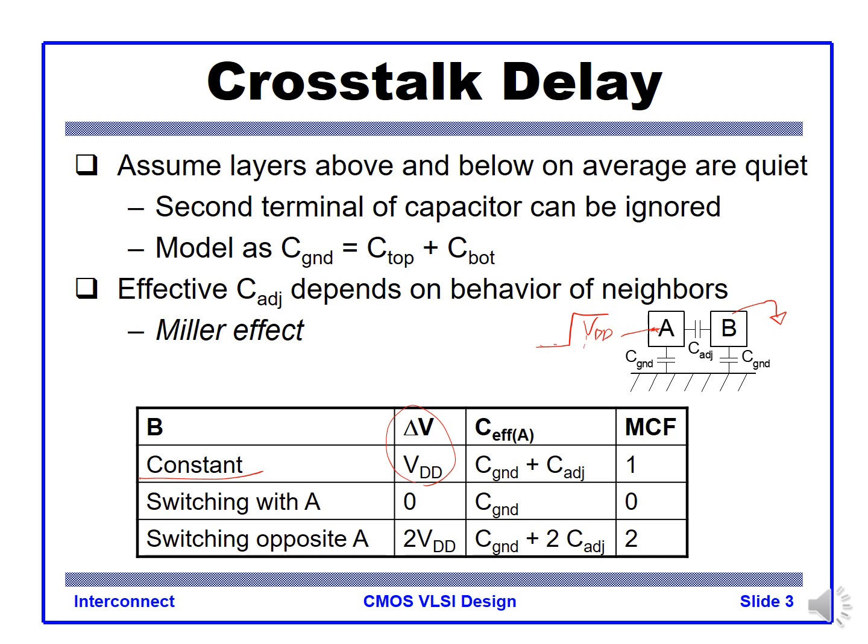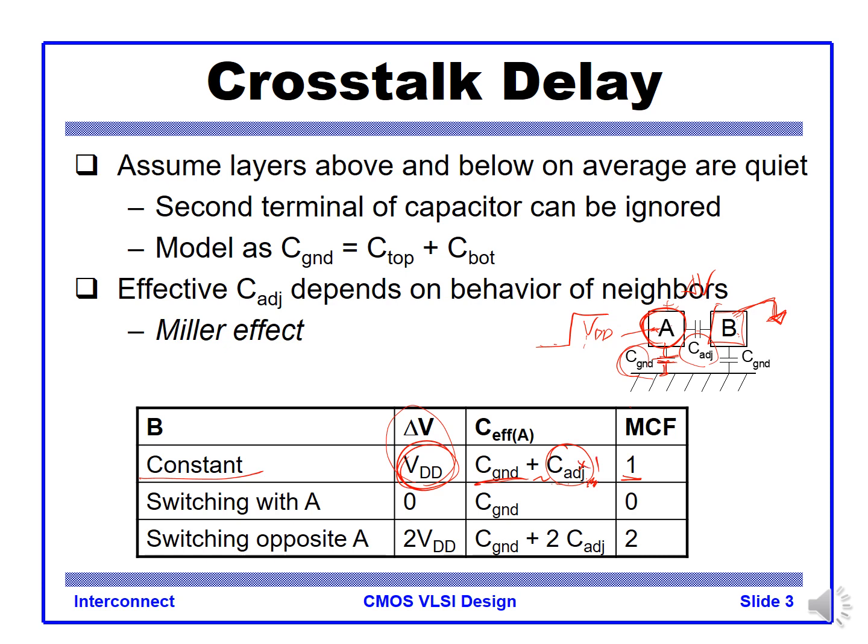Then the voltage between A and B, the delta V, would be VDD, and the effective capacitance would be the CGND to ground plus the adjacent coupling capacitance here, because B doesn't have any activity, it looks like a ground, so line A seems to have two capacitances there.